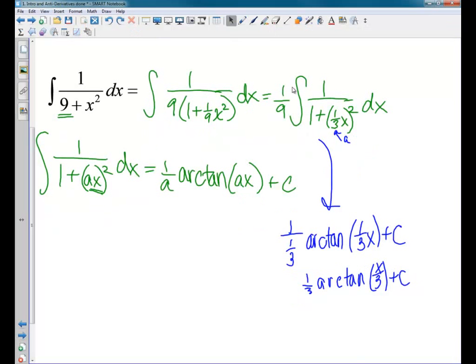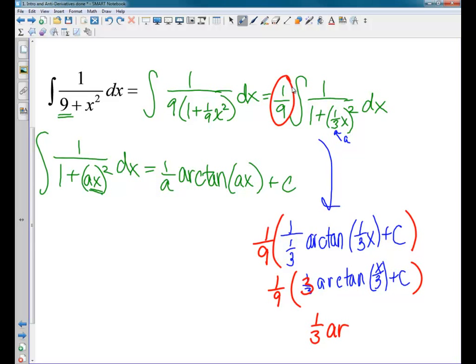All right, and to finish this problem, we need to take this 1/9 that was out front of this integral and put it out front of our antiderivative. So that gives us, this is a 3 here, that gives us 1/9 times 3, that gives us a 1/3 arctan of x over 3 plus c is our final answer.